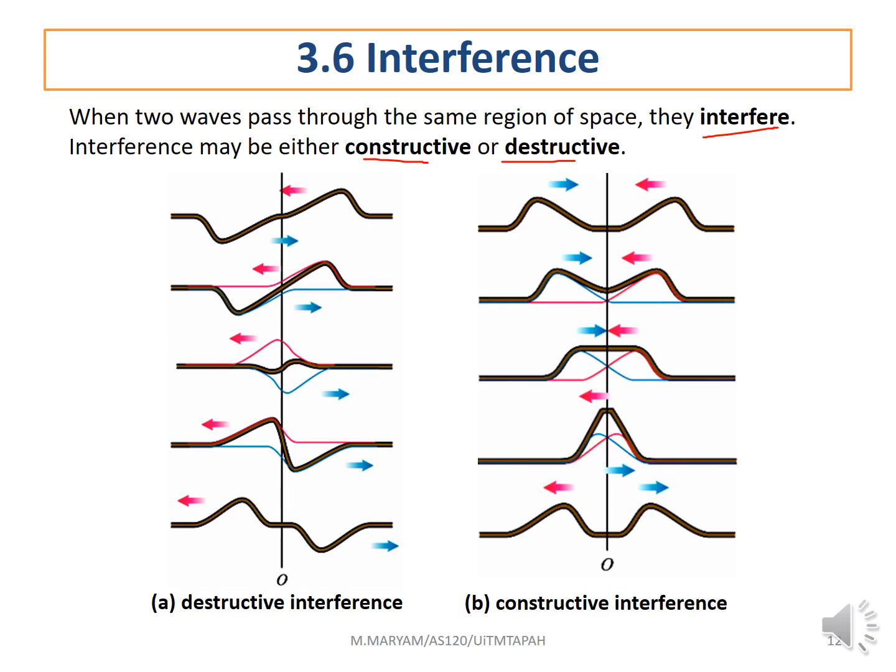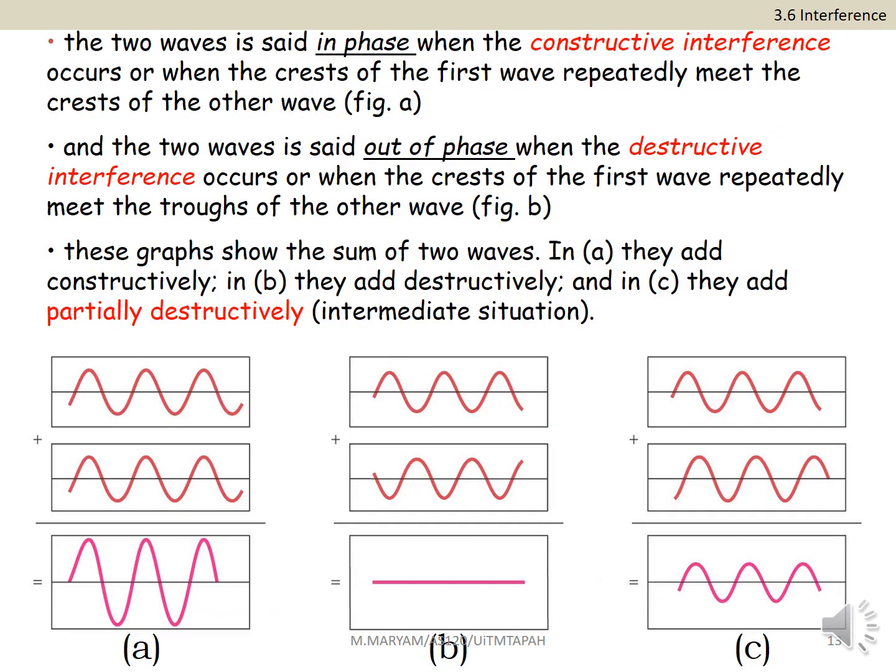When a crest meets a trough, it becomes destructive interference. When a crest meets a crest, it becomes a double crest. The two waves are in phase when the interference is constructive.